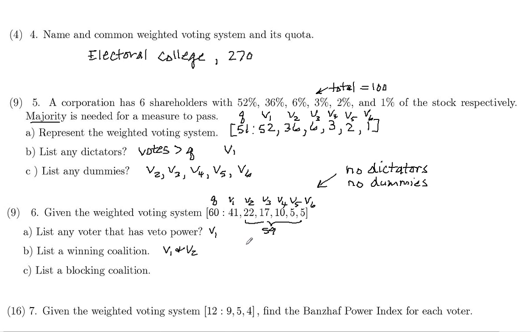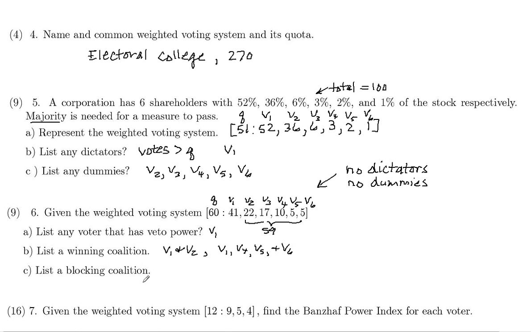And there's lots of other ones, but all of them would have to include voter 1 since they got veto power. You could do voter 1 with 4, 5, and 6, because this is 20 votes along with 41, that'd be 61, so this would be another one. So voter 1, voter 4, voter 5, and voter 6. That'd be another winning coalition.